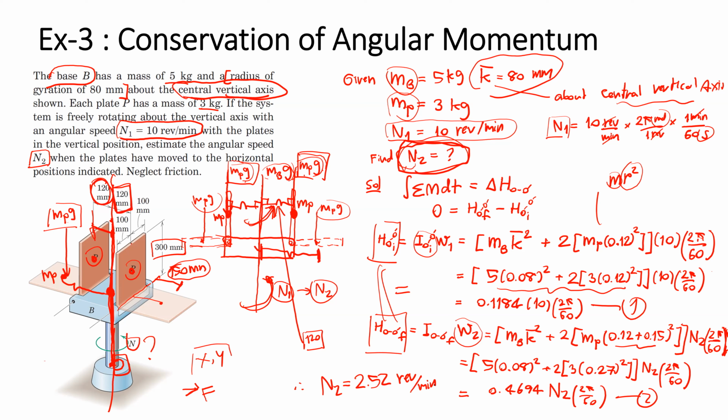Compared to the original one, the initial posture rotated at 10 rev per minute. But after it changed the posture, it increased the radius, so it makes sense that the angular speed decreased. So yes, that's all for today.